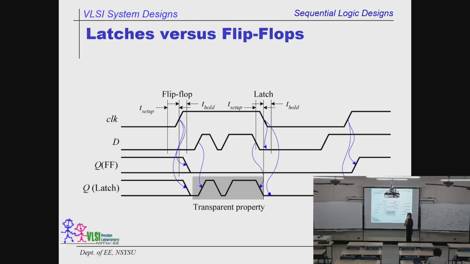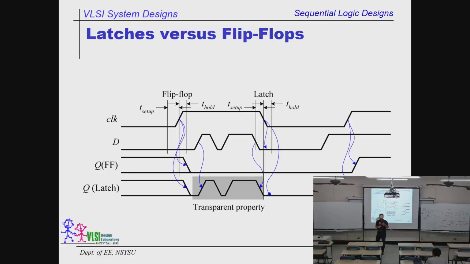Now there are two important parameters because we are going to deal with them for the rest of this class. For the data to be correctly sampled by the flip-flop, we have to make sure the data is well prepared before a moment, before a period of time. The period of time before the edge is called the setup time.